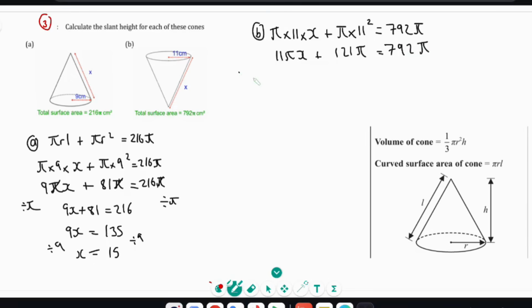Divide through by pi. Gives us 11x plus 121 is equal to 792. Let's take 121 off both sides. Divide both sides by 11. X is 61.